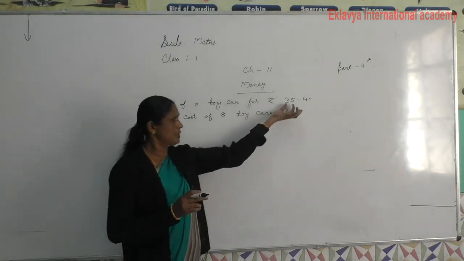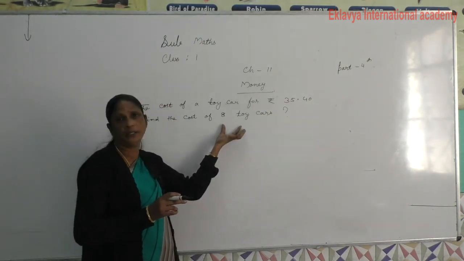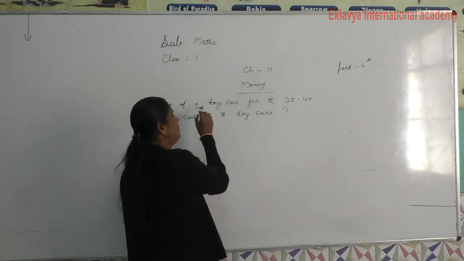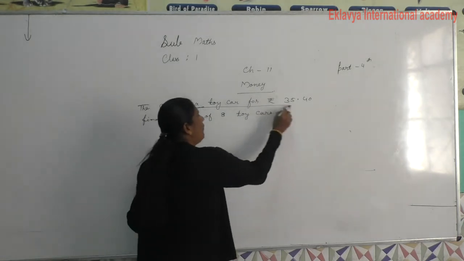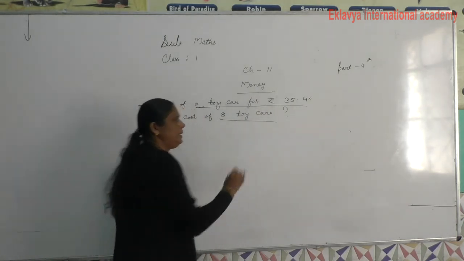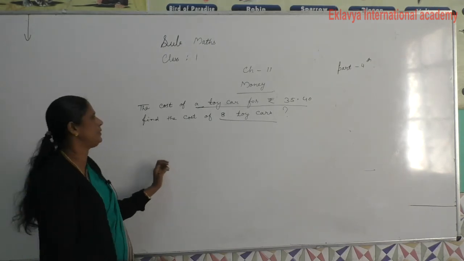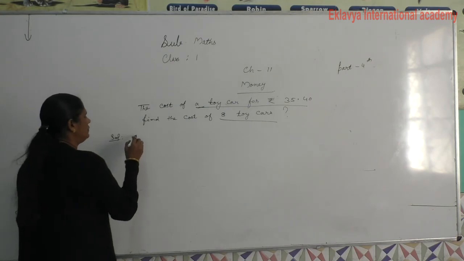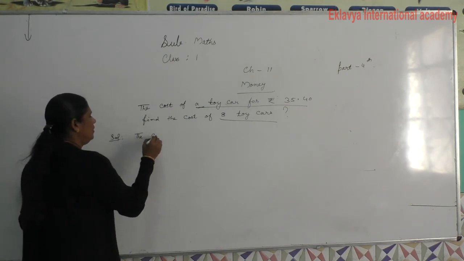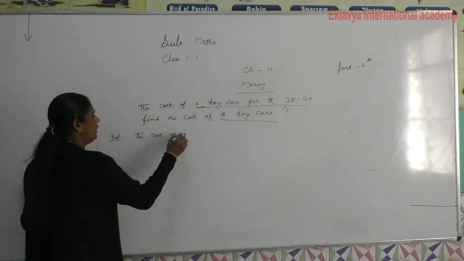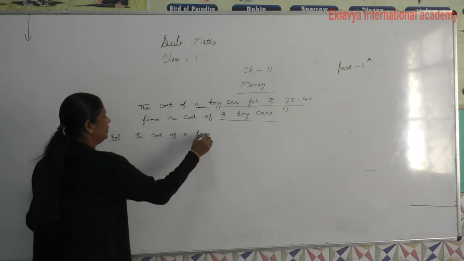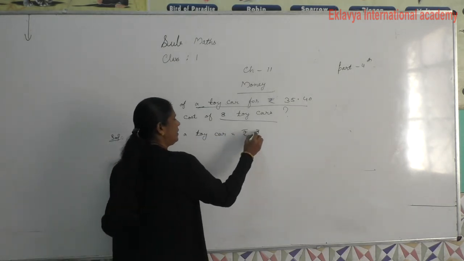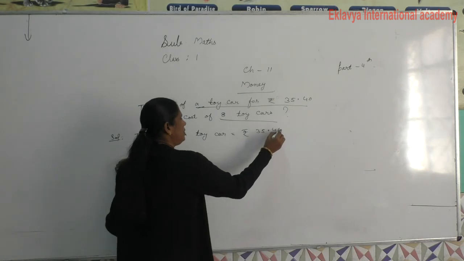One cost is given, we find many. This is multiplication. Then the statement: the cost of a toy car is equal to rupees 35.40.